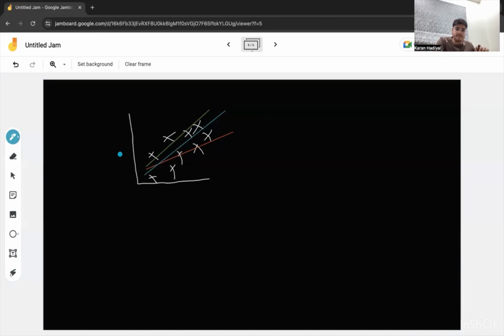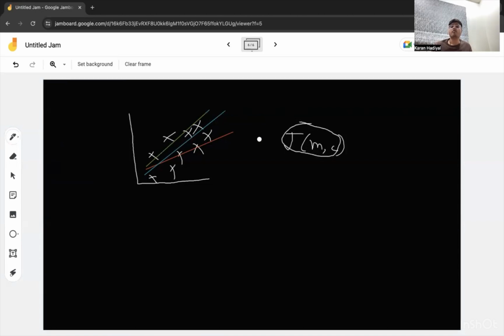If you see which line is the best, obviously the blue one. By seeing the graph we can see that the blue line will have this minimized function. For the slope and intercept of the blue line, this function will be minimized out of these three lines.